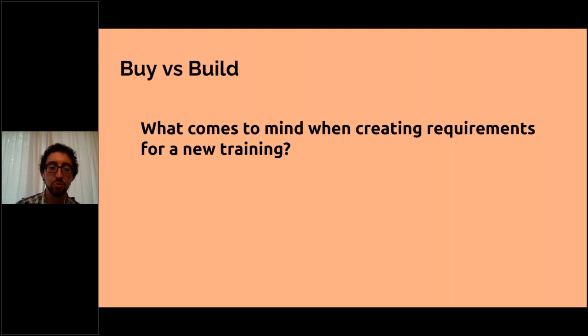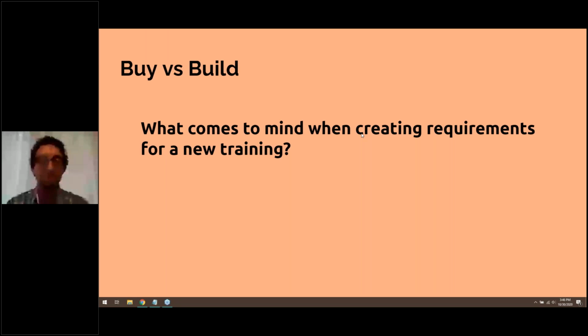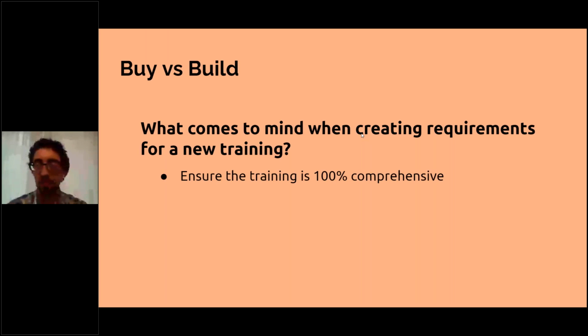So what comes to mind when creating requirements? If you had asked me a while back, I would probably have come to the conclusion of, okay, first things first, I need to come up with a spreadsheet that lists out every single technical topic that I need to cover.